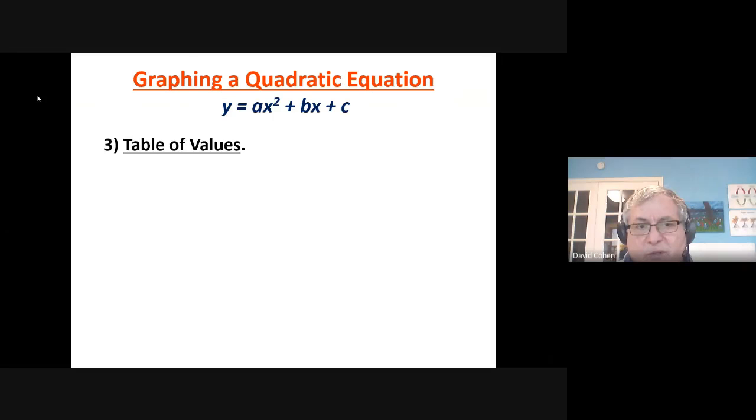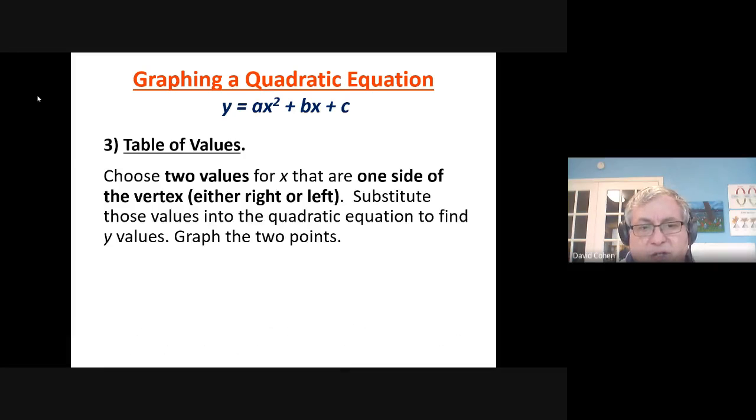We can use tables of values also to determine the coordinate graph, and wherever the two y values are congruent when we plug in x, we're going to have our vertex. So choose two values for x that are on one side of the vertex, either right or left.